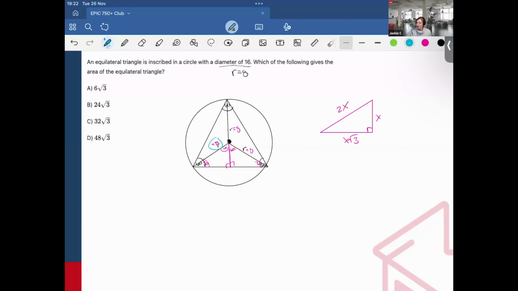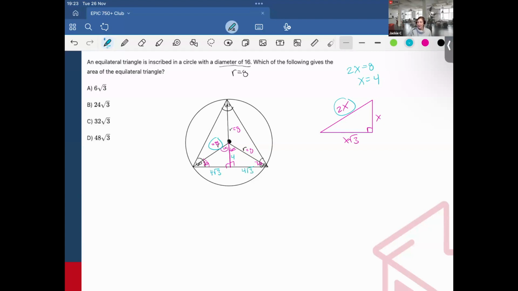In this case, I know that the 2x is equal to 8, so x is equal to 4. Therefore, this would be 4, and this would be 4 root 3. And same here, this would be 4 root 3.